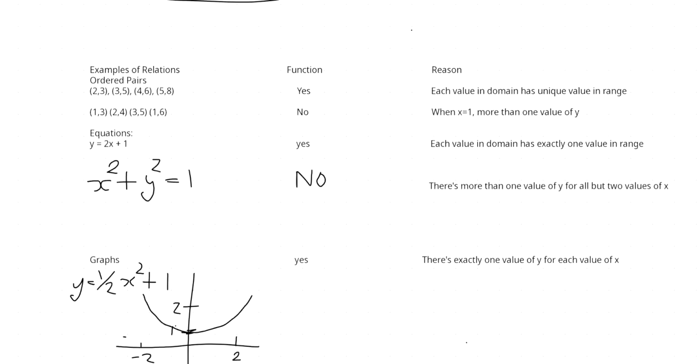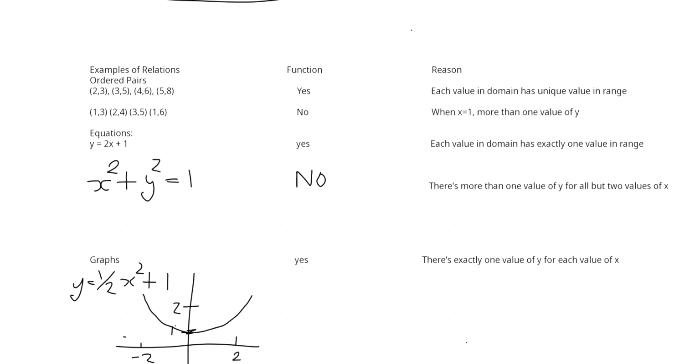When we look at equations, we can tell the same story. In this case, y equals x plus 1. It is a function because each value in the domain has exactly one value for y. As x increases, y increases.